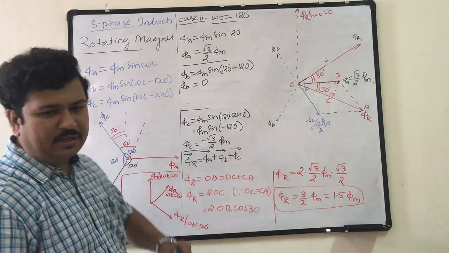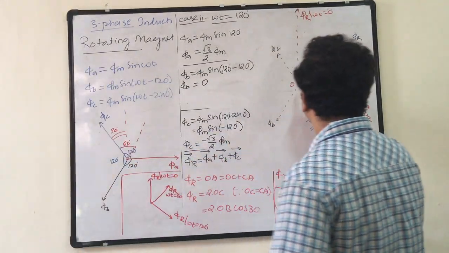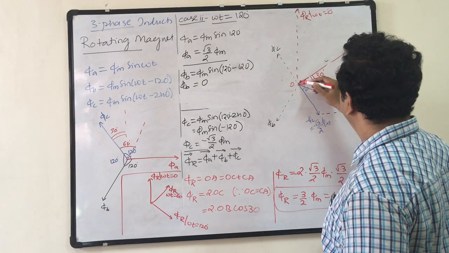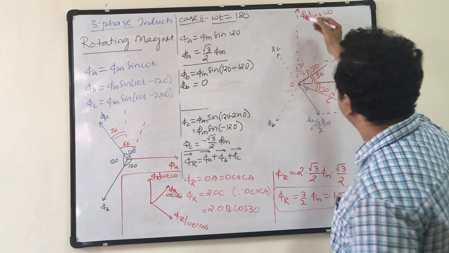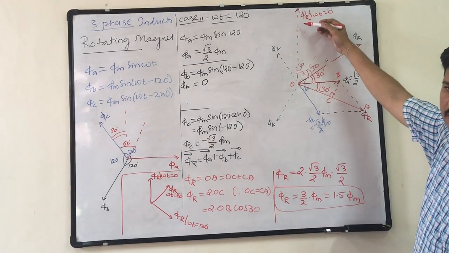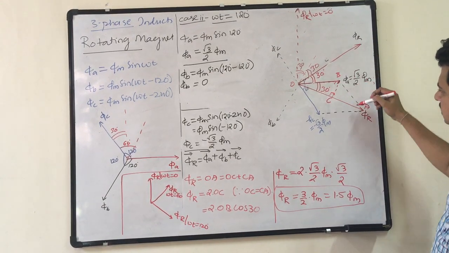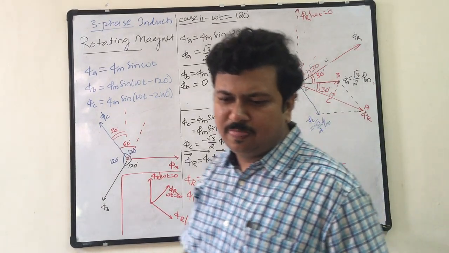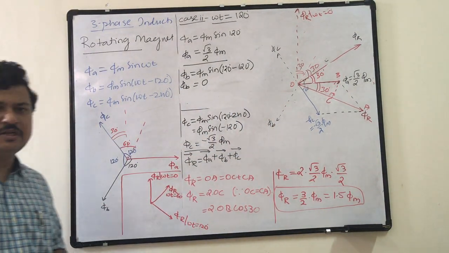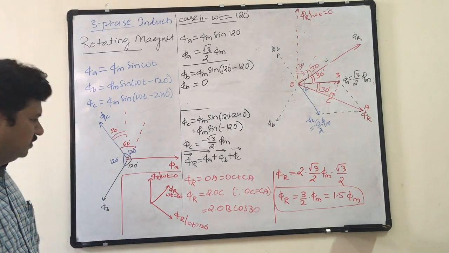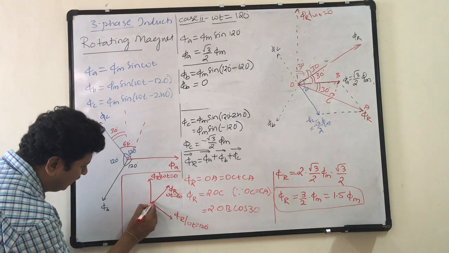I am shifting omega t by 60 degrees at every stage, and my phi r is also shifting by 60 degrees at every stage. This was 30, this was 30. Earlier it was vertically upwards. It is shifted by 30 plus 30, 60 degrees. Now it is shifted 30 plus 30, 60 degrees. If I take omega t equal to 180, it will further shift by 60 degrees. If I take omega t equal to 240, it will further shift by 60 degrees. So when I plot all the positions of the resultant vector, I will get this.